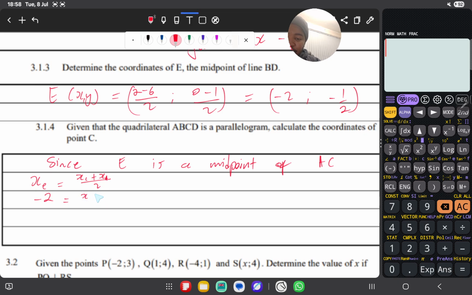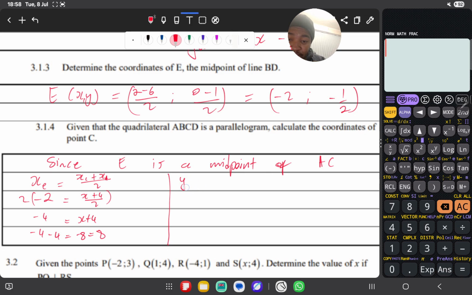The x value of A is 4, right? We multiply by 2 all over, we have minus 4 equals x plus 4, right? So you realize that you're going to have minus 4 minus 4, which is minus 8, which is x, right? Let's leave it. That's for x.